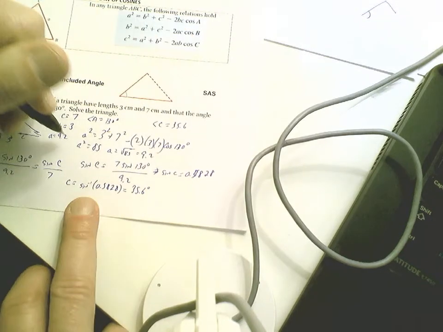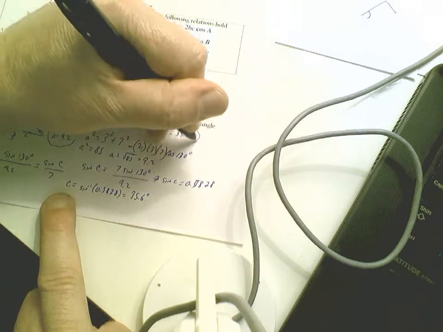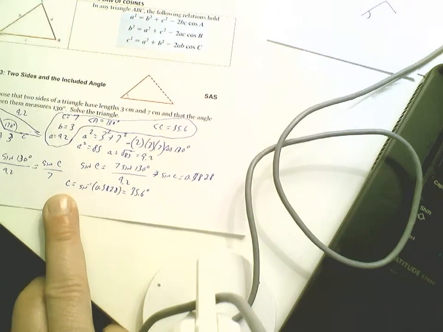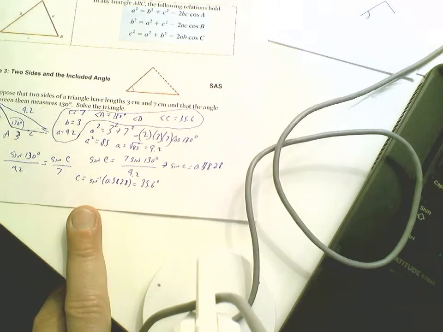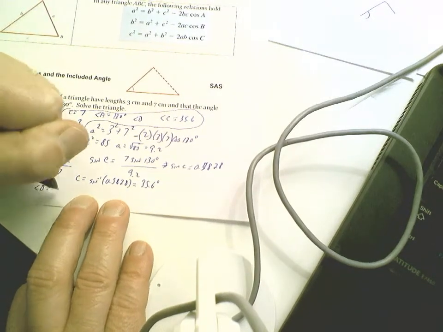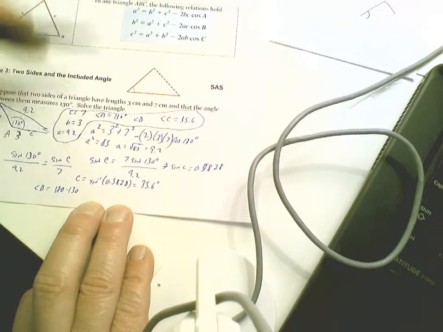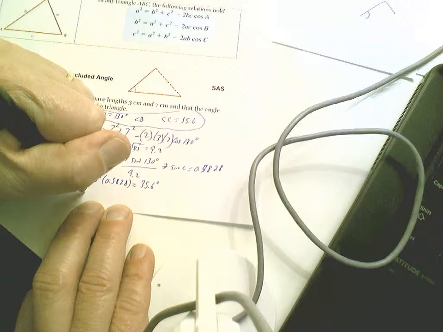I'll kind of circle my little scorecard here. What's left to do? Find angle B. Well, remember, as soon as you have 2 angles, you don't need the law of sines or anything really at this stage. Just do a minus minus, as I like to say. Angle B equals 180 minus 130. That's angle A. Minus angle C, minus 35.6.